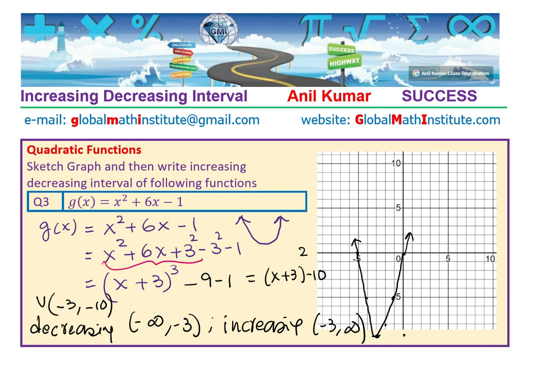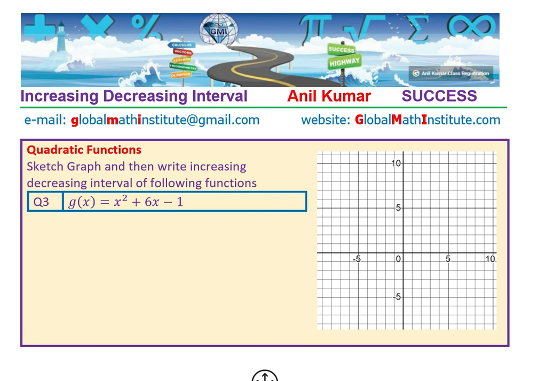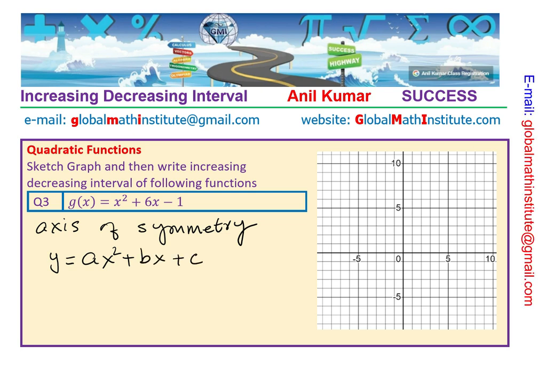Now here is a shortcut method to do this same problem. Well, to find the vertex, remember, we need to find the axis of symmetry, right? For any quadratic equation which is of the form y equals ax squared plus bx plus c, the axis of symmetry is at x equals minus b by 2a.